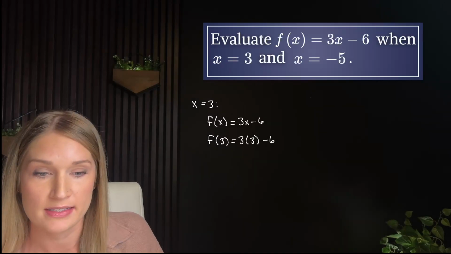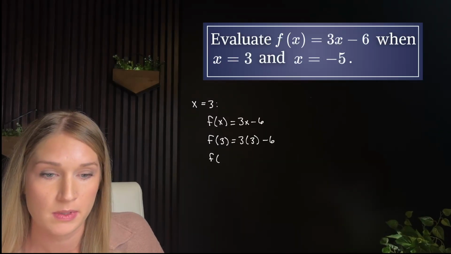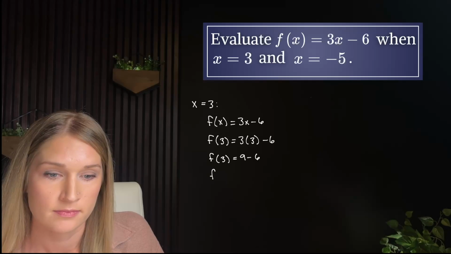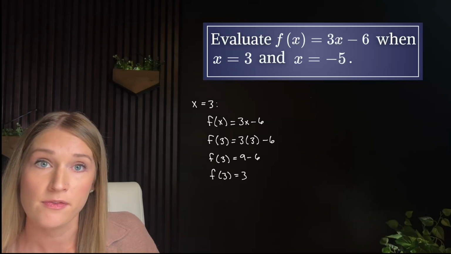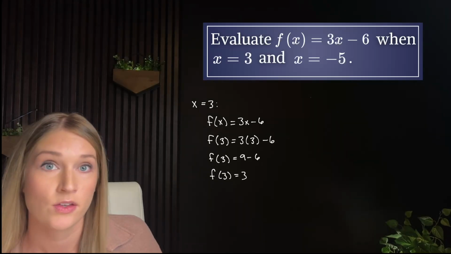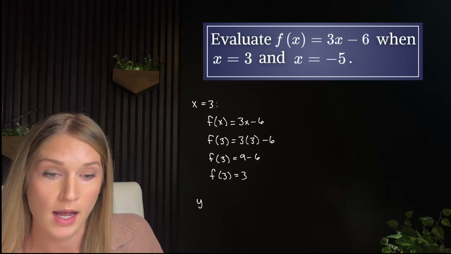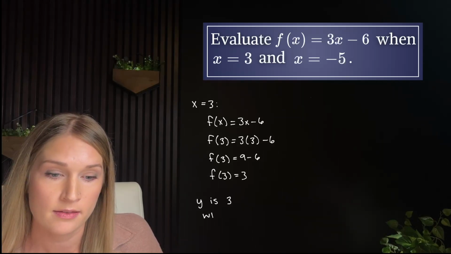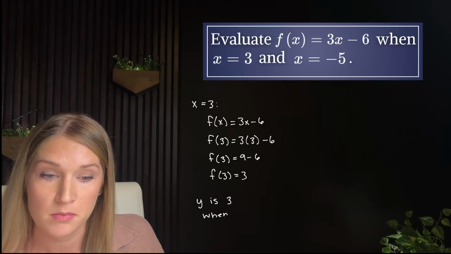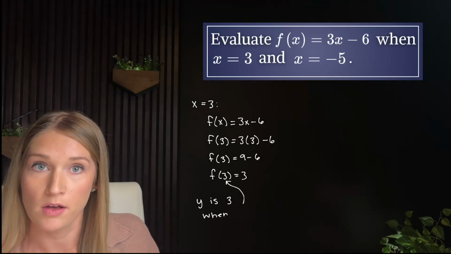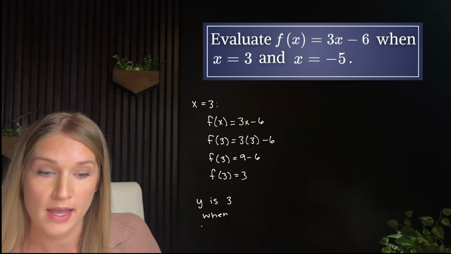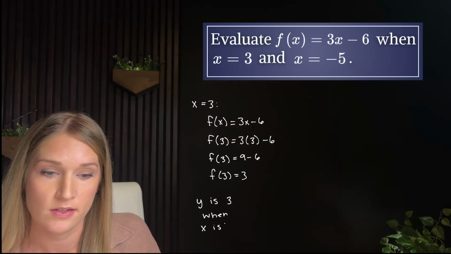On the right-hand side, I go ahead and I just evaluate. So f of 3 is 3, meaning y is 3 when I put in the input of 3. So when x is 3.